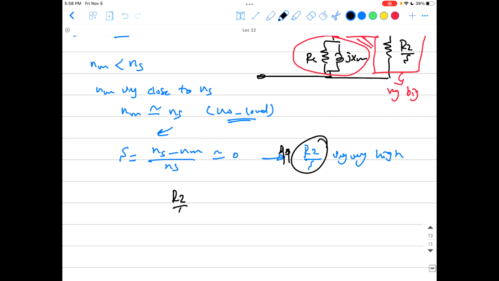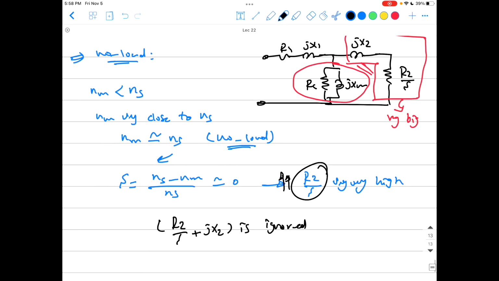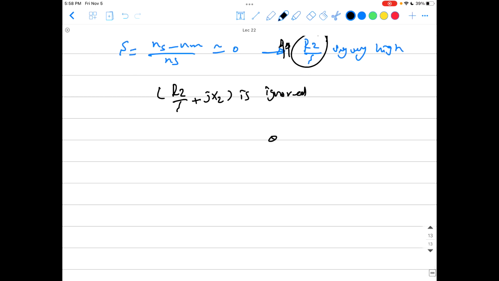So R2 over S plus jX2 together can be ignored here, because they are parallel with a much smaller one compared to them, which is RC and XM. So now you can find it like that: R1 and jX1, and now it is RC parallel with jXM.